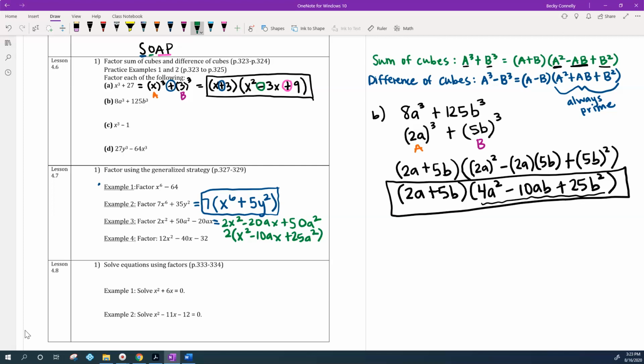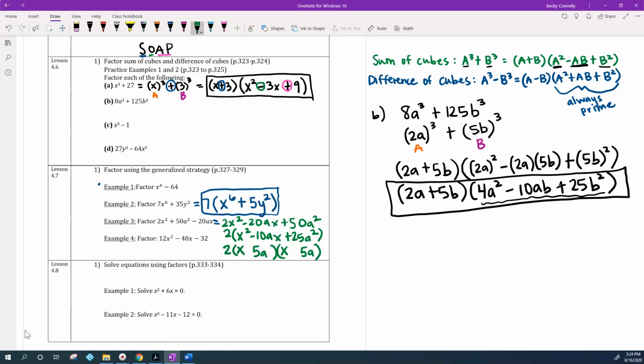So when I do that, let's see here, I thought to myself, okay, what times what is x squared? Well, that's x and x. What times what is 25a squared? Well, that would be 5a and 5a.